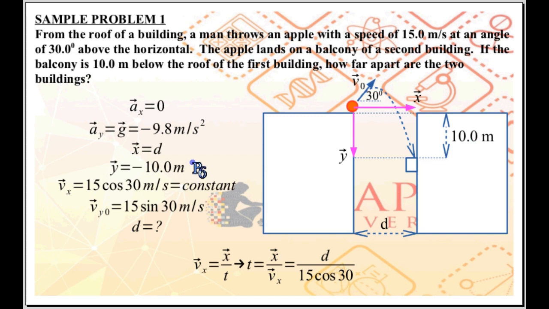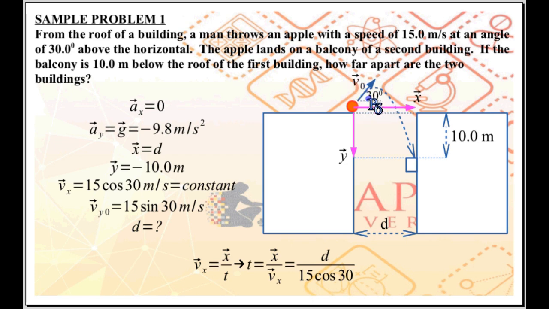We also divide the velocity into x and y components. The initial velocity has a magnitude of 15 meters per second, and its direction is 30 degrees above the horizontal. So divide that into the x component, Vx, and the y component, Vy.